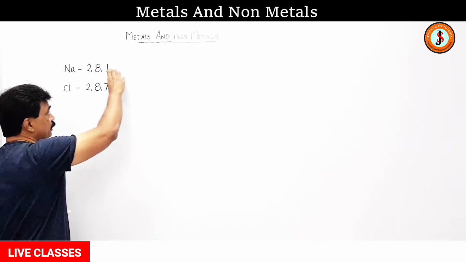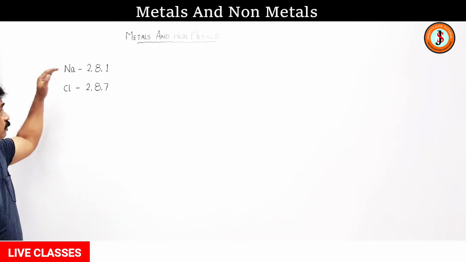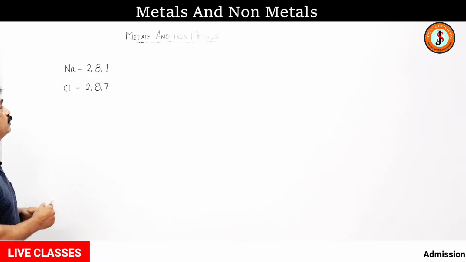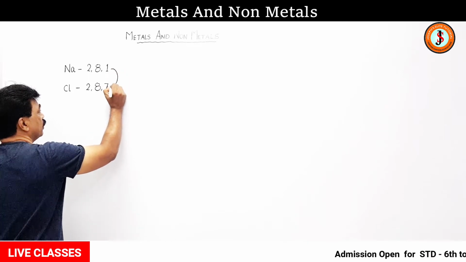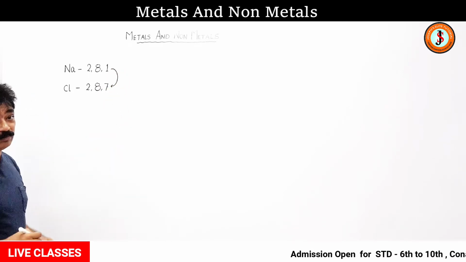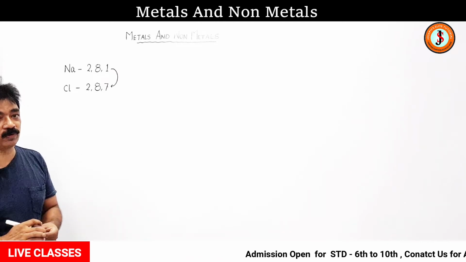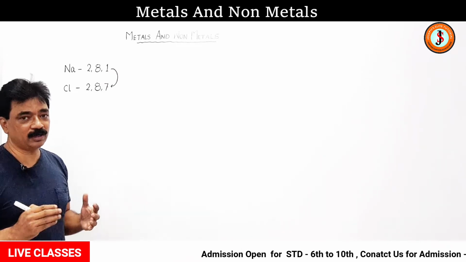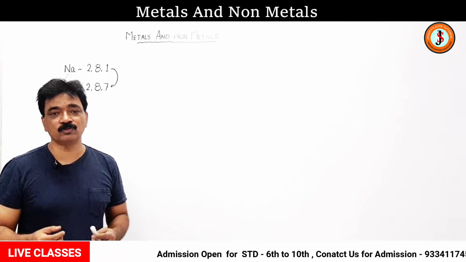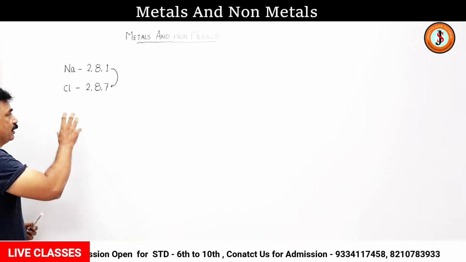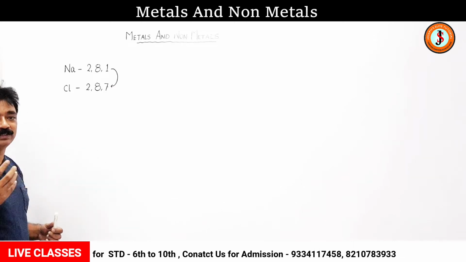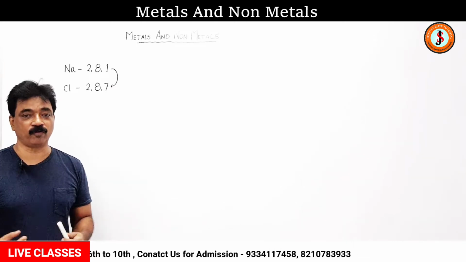Now the bond formation between sodium and chlorine takes place when sodium loses one electron to chlorine. That means the sodium atom is an electropositive atom. What are electropositive atoms? Atoms which lose electrons during bond formation. And chlorine is an electronegative atom because it gains an electron during bond formation.